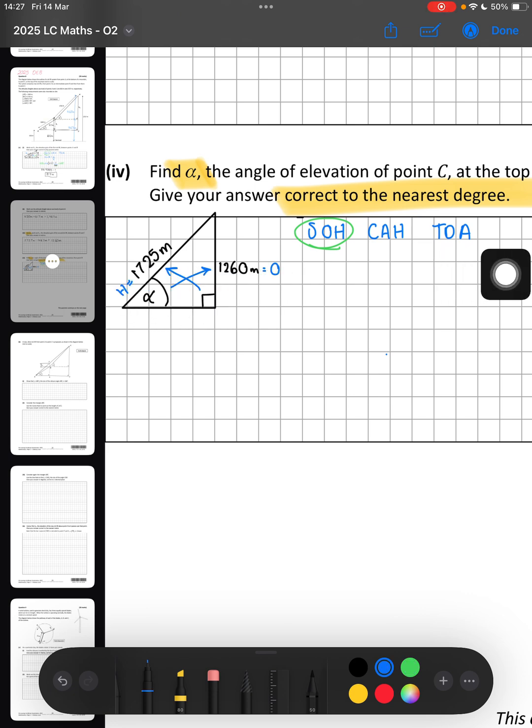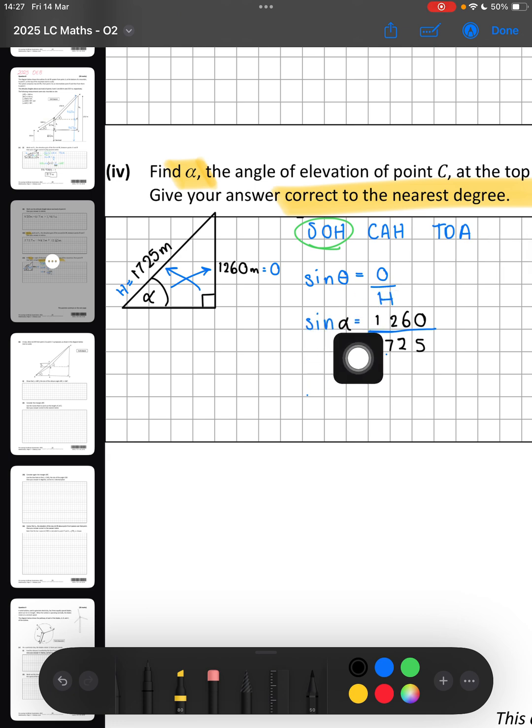Okay, so again, I'm going to write out my formula with nothing filled in. And then I'm going to write out my formula with everything that I know filled in. So I don't know my angle, I can write it as that A symbol, or I can just leave it as theta. Okay, and that is equal to the opposite side. So 1260 over the hypotenuse 1725.